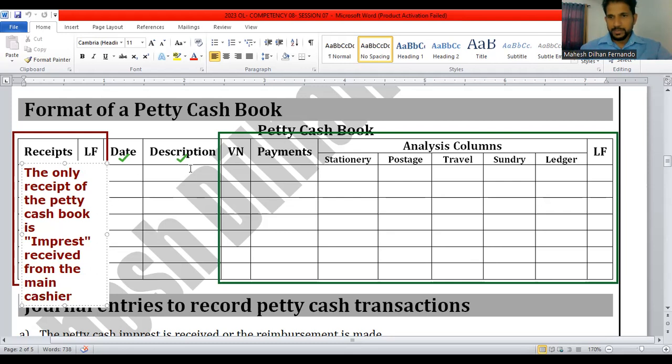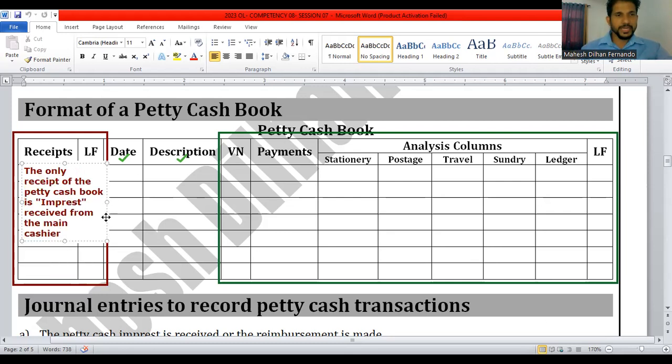Right? Imprest received from the main cashier. That is the only receipt we can recognize in the petty cash book. Although we have different types of payments, we have only one receipt. There are no other receipts. But in the cash book, can you remember? We had sales, additional capital introduced, commissions, bank loans. But in the petty cash book, there will be a single receipt, that is the cash receipt from the main cashier.